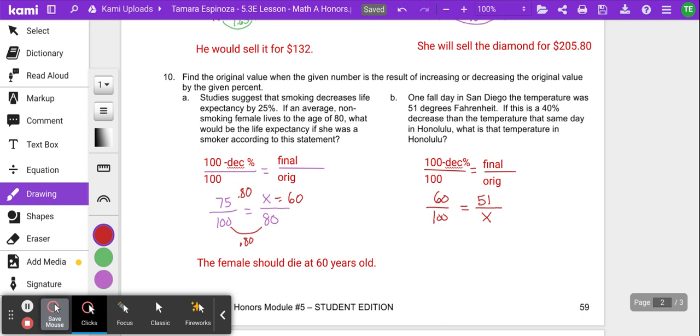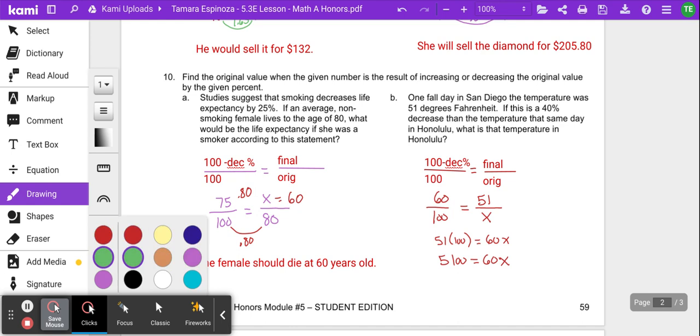Okay. I don't know 60 times something to get to 51 on the top of my head, so I'm going to cross multiply. 51 times 100 is equal to 60 times x. 5,100 equals 60x. And divide by 60, I get 85.